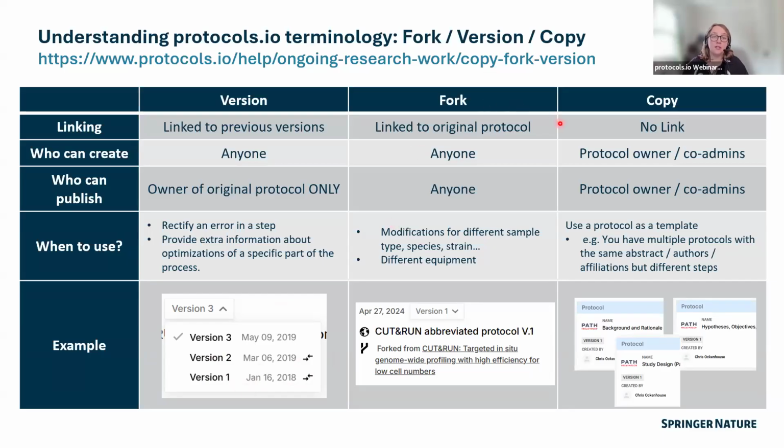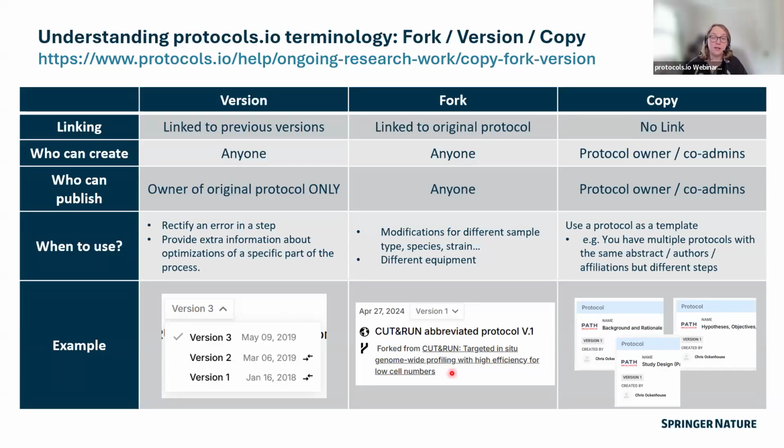A fork is linked to the original protocol, but it is its own protocol in itself. Anyone can create a fork and anyone can publish a fork. This is done when you're modifying a protocol for your own use. So this is basically a variant of an existing protocol. Perhaps you're using different sample types, different species, different strains, different equipment, or someone has created a protocol that's a really baseline foundation and you're building off of it.